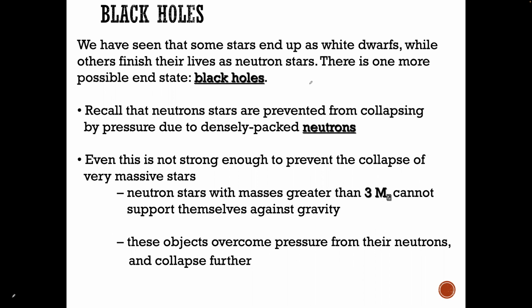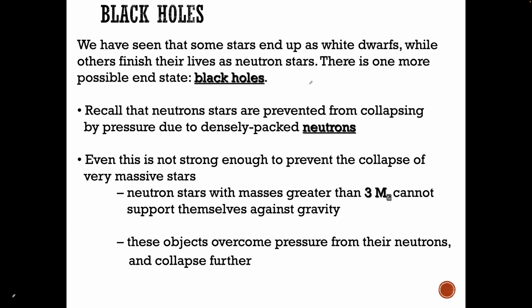However, if the star is very massive, the mass is very high, then this neutron degenerate pressure is also not enough to prevent the collapse of the star, because the gravity is now stronger because of the huge mass that you have.